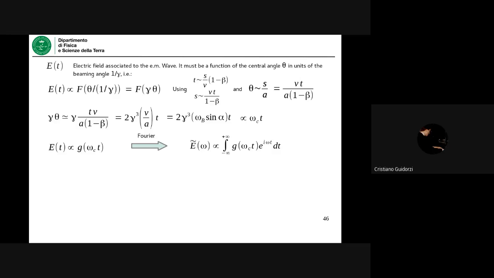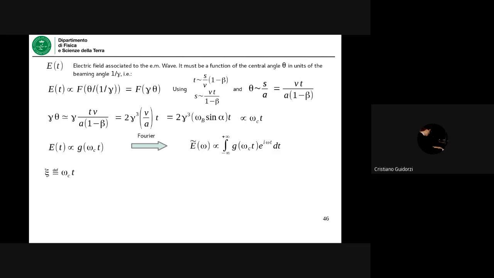So now we are in the position to work out the corresponding Fourier transform of the electric field. I don't care about the numerical coefficients; what I care about is the dependence on frequency. But again, you are calculating the Fourier transform of something which depends on time in a very specific way. Here by G I denoted whatever function, I don't care now. What I mostly care is that the temporal dependence goes through this product, omega c times t.